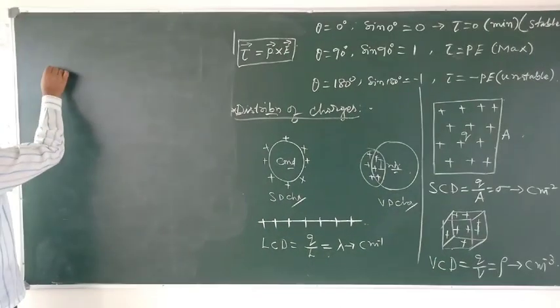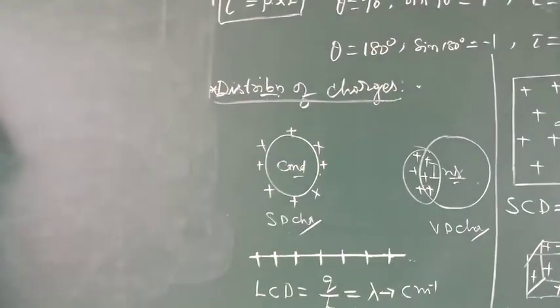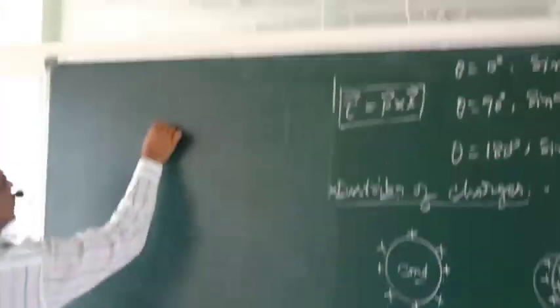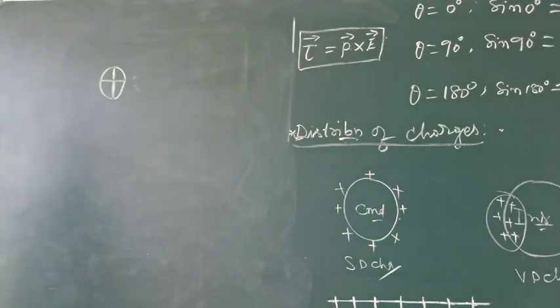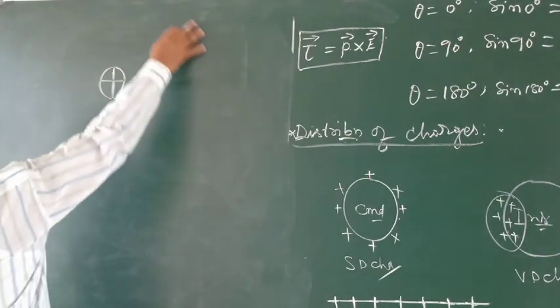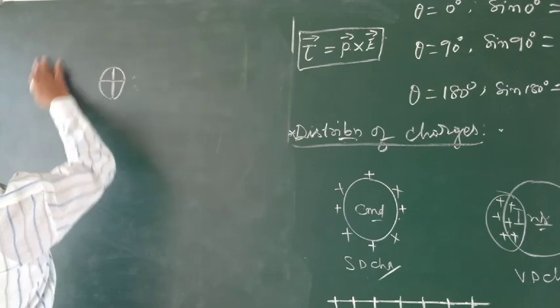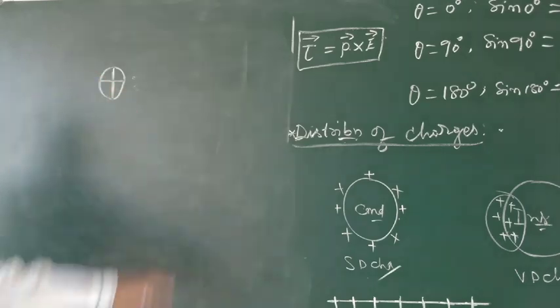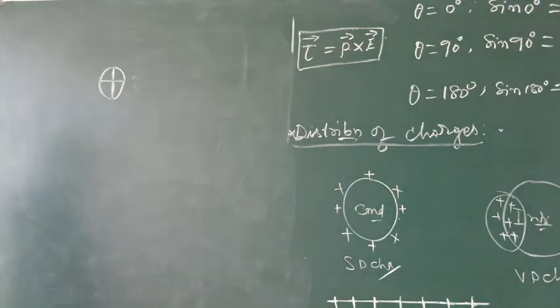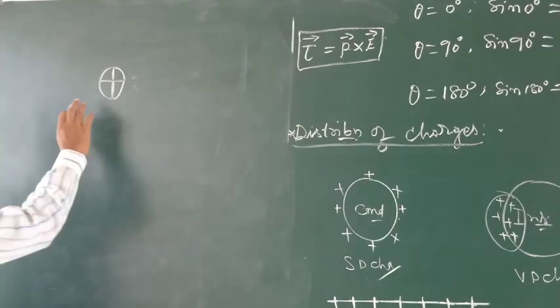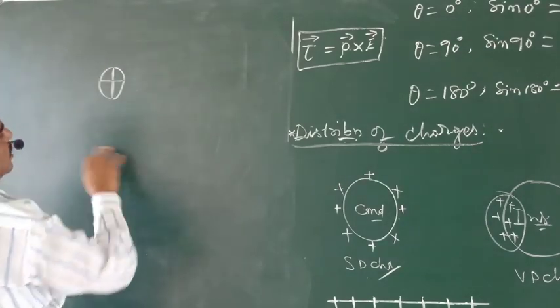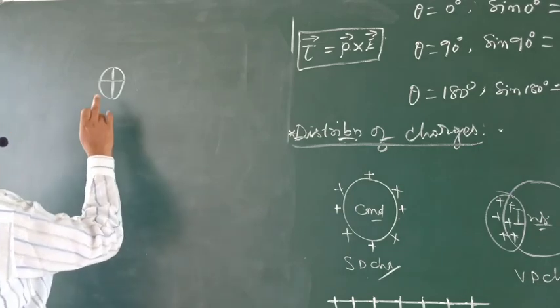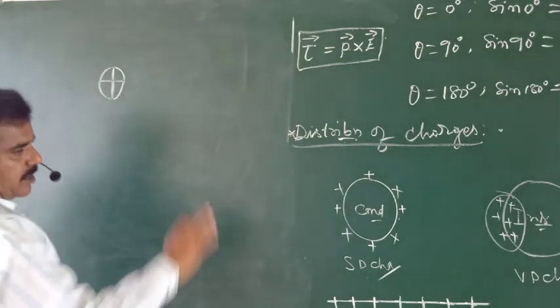Okay. Let us consider a certain charge placed at a certain point. This charge produces an electric field in its surrounding, similar to how a mass produces a gravitational field.